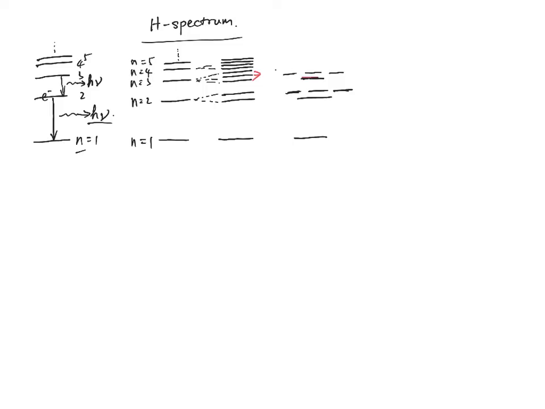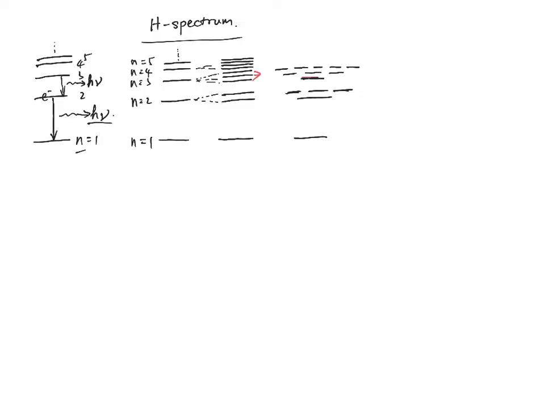Actually, the third one has even more splits: 1, 2, 3, 4, 5. So for the same energy, the electrons can actually have 5 different behaviors, or be found in 5 different regions around the nucleus.